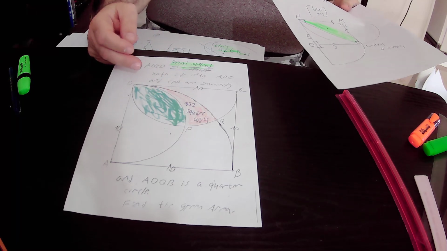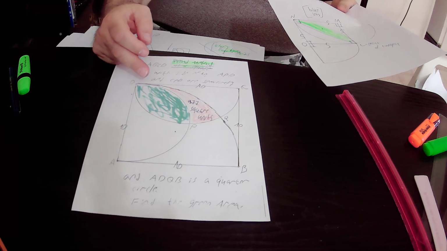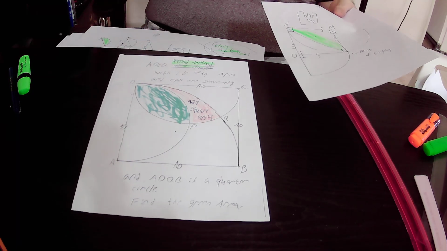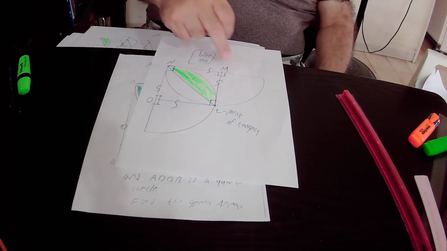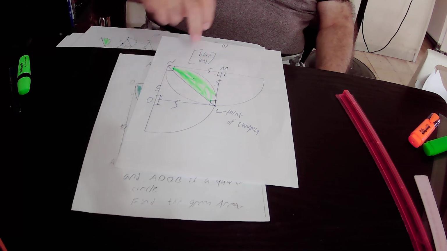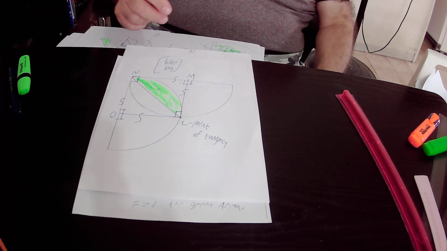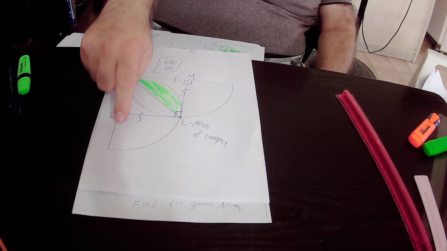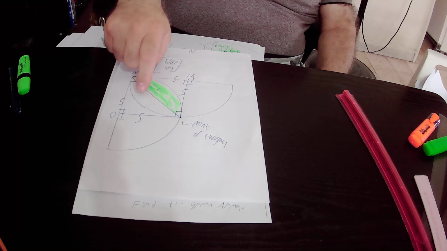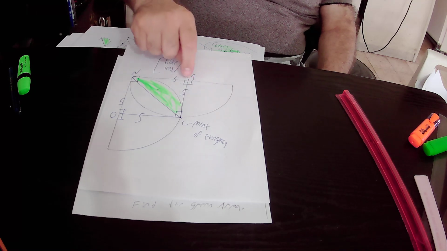We know that the radius of each semicircle equals 5 units. So here, all the sides are equal to 5 units, and because the two semicircles are identical, if we draw the radius that is perpendicular to the diameter, then it will also be tangent to this semicircle at point L. The same thing is true here.